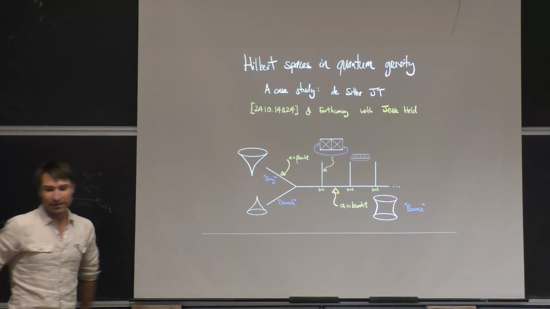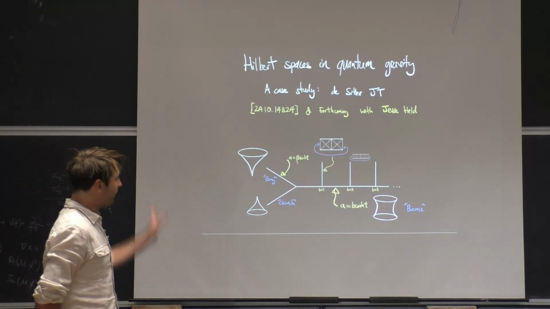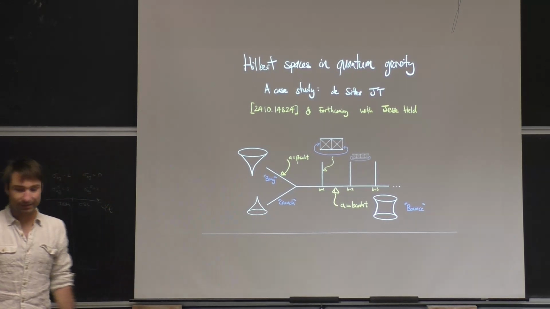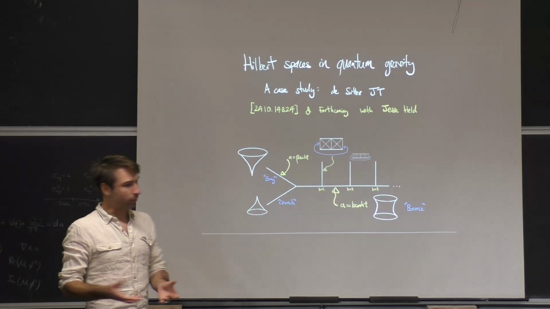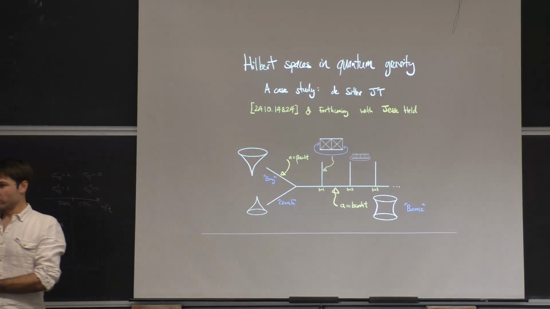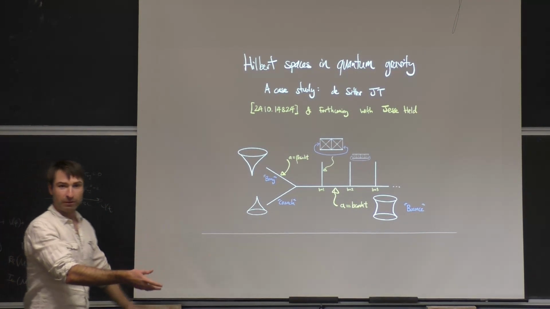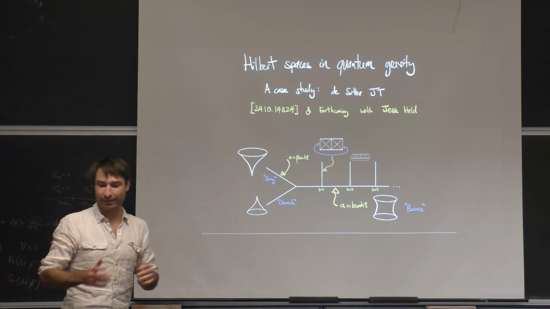So the main topic of today's talk will be this theory of de Sitter JT gravity, which is an interesting theory in its own right. It's a simple model of quantum cosmology, with some interesting speculation about microscopic realizations of Hades integrals and various things like that.